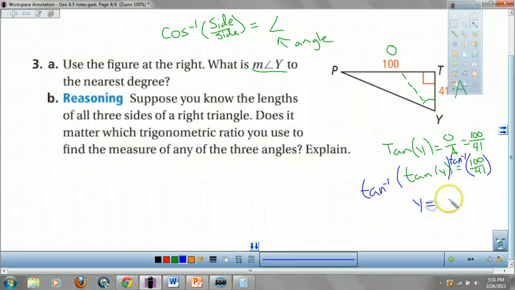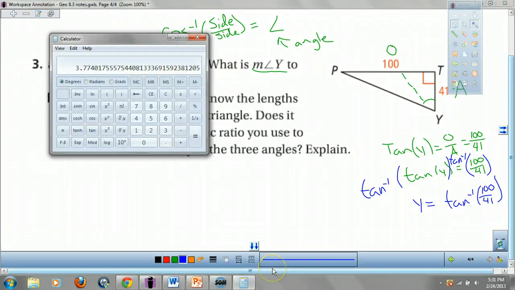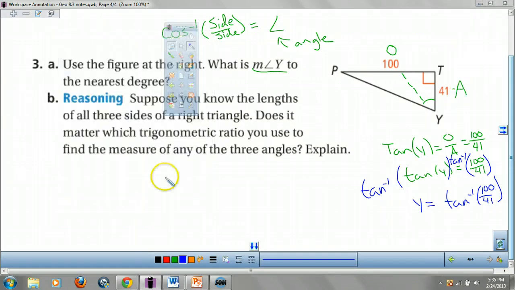So I end up with y equals tan inverse of 100 over 41. Which I'm going to plug in my calculator. Oh great, there's no tan inverse button. What is this? Pause. And of course when you plug that in your calculator, which I just did, you get 67.71 degrees, guys. Okay?